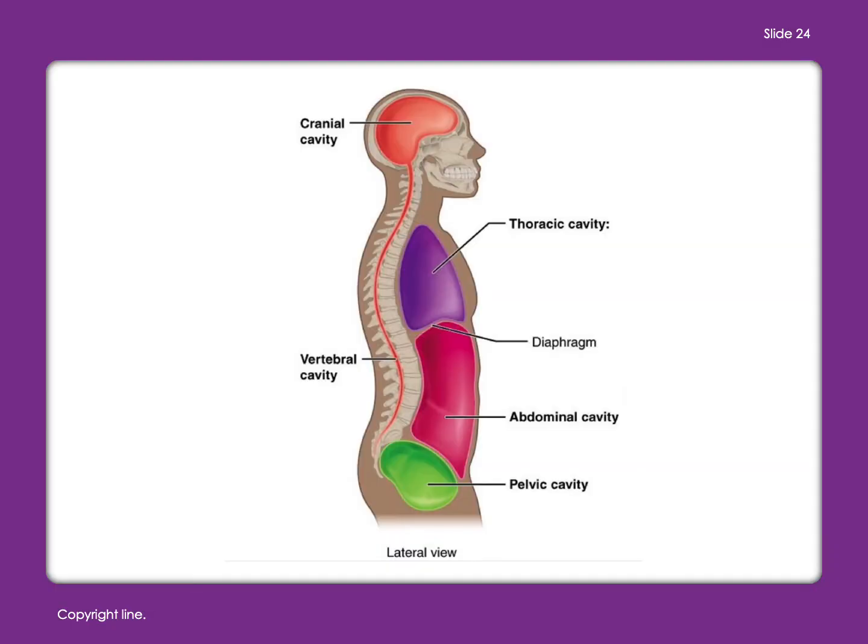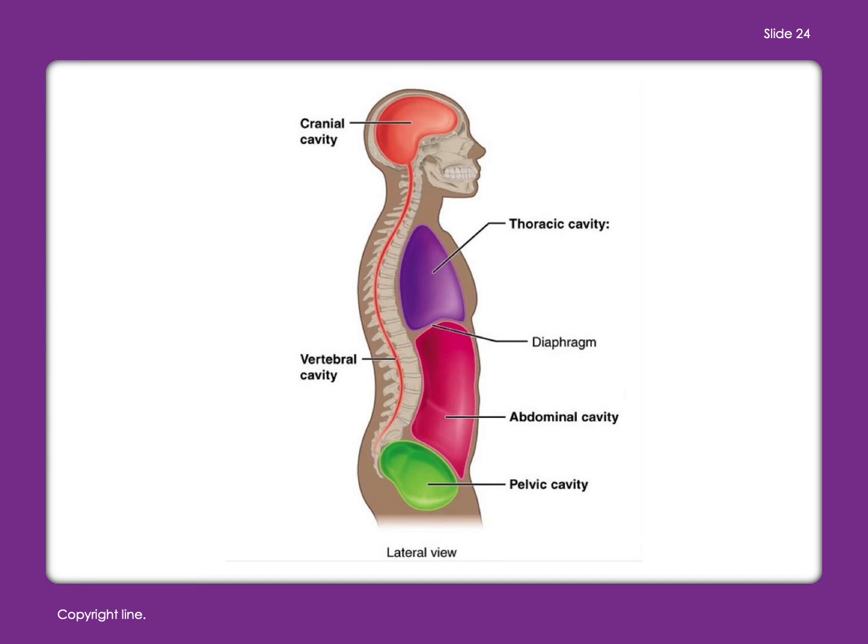So let's take a look at what that looks like. So here's a good visual for us. We have the cranial cavity, and then we have the spinal cavity or vertebral column or cavity. You can see that's all that orangey color. And then if you look at the purple area, that is our thoracic cavity, lungs, heart, esophagus, bronchi, all those fun things. And then we see the pink color is our abdominal cavity.